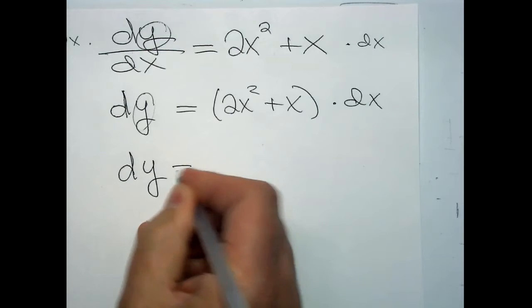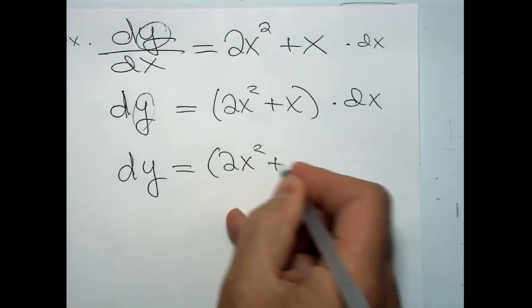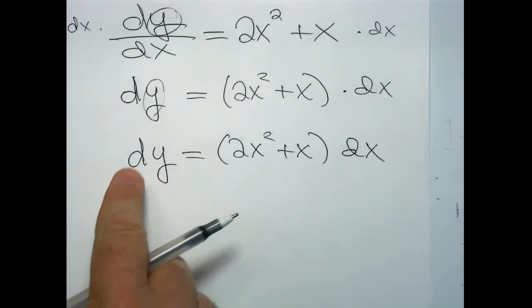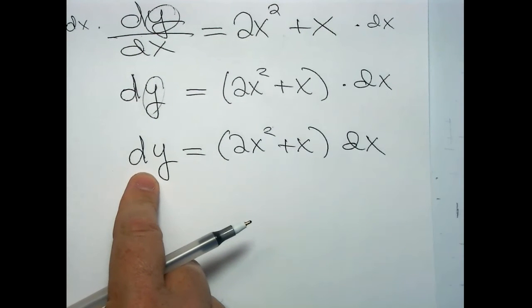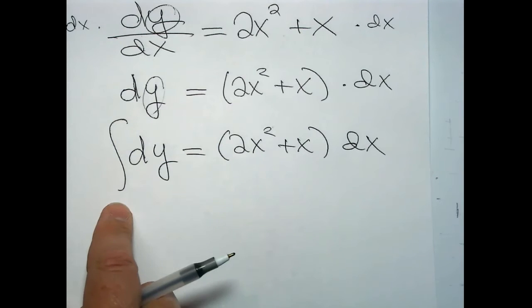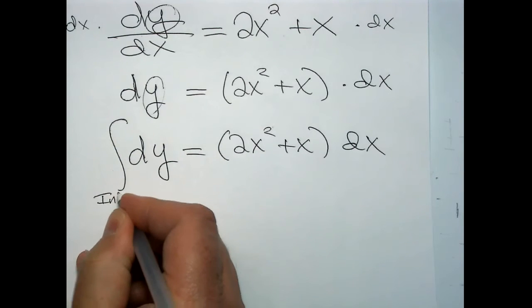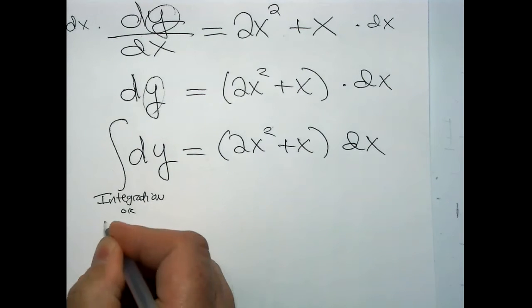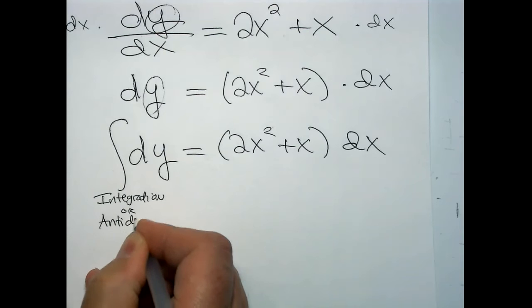We rewrite the problem, and here's my job. My job is to get rid of this d. D for derivative, what do you need? You need the antiderivative, which is this squiggly symbol. This is called the integration symbol or antiderivative symbol.